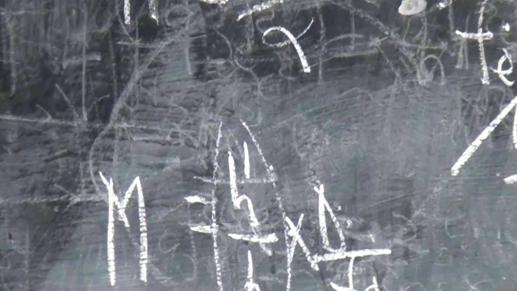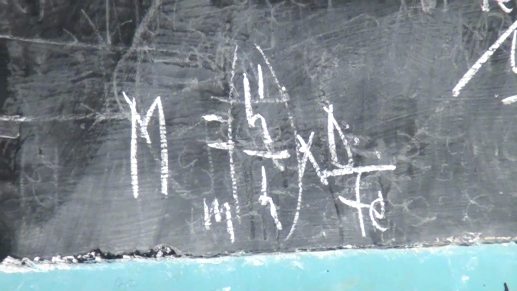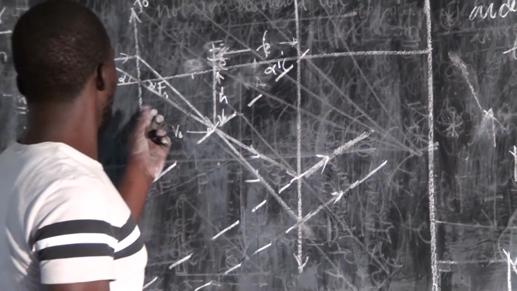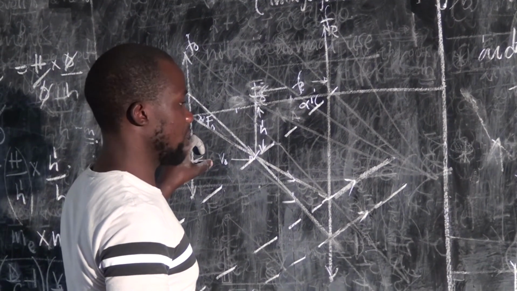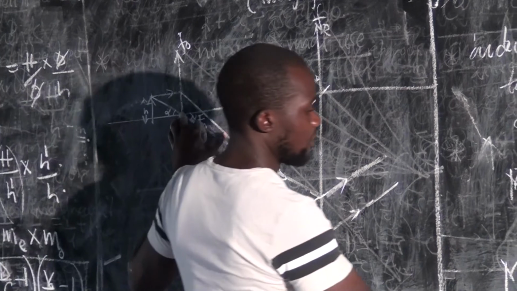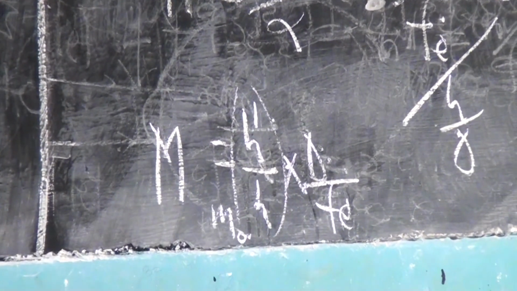This H prime over H is the linear magnification of the objective, M0.